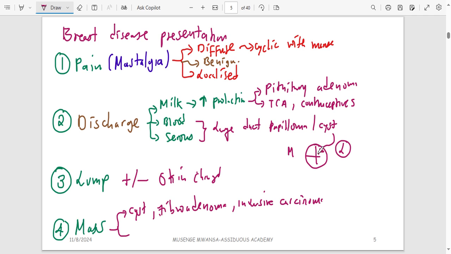The other region where these masses are common is the areola, at 20%. And the rest of the quadrants have a 10% chance of having these malignancies. So it's important that we take note of that: upper outer, followed by the areola, and then the rest of the quadrants.